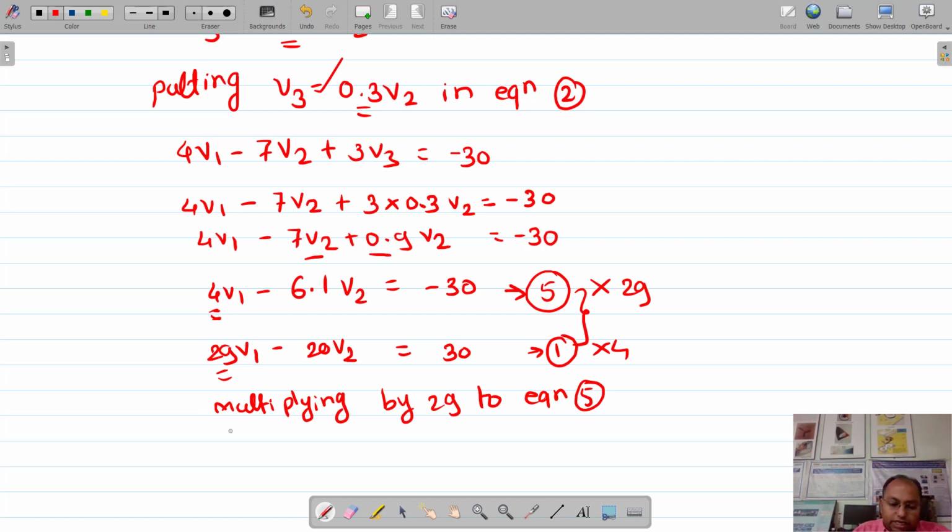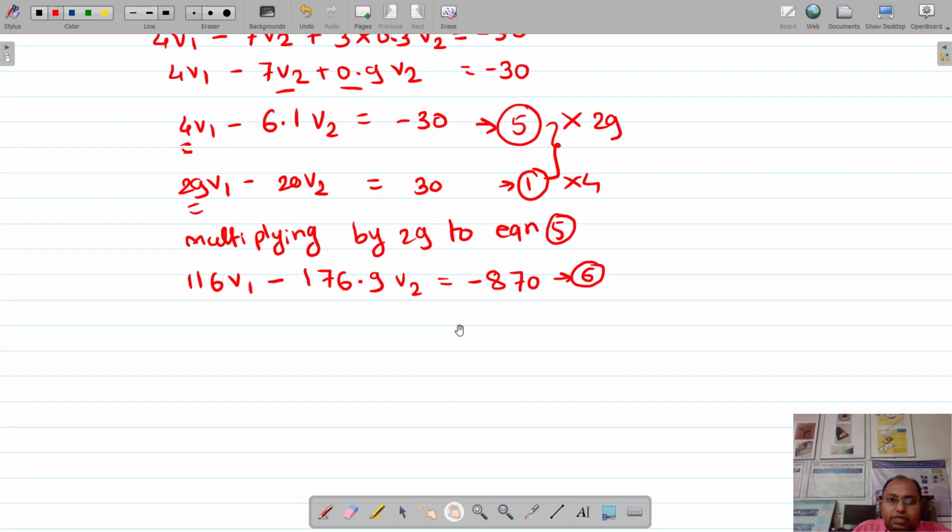So 4 into 29, it is coming as 116, 116 v1 minus 6.1 into 29, 176.9 v2 is equals to minus 30 into 29. 30 into 29 is minus 870. Let us say this is now equation number 6.